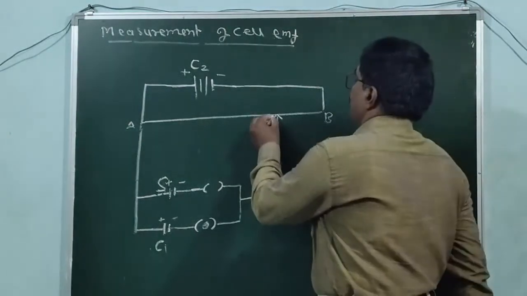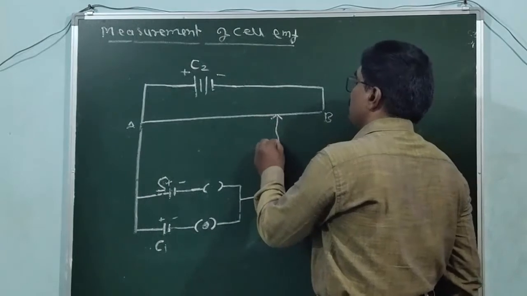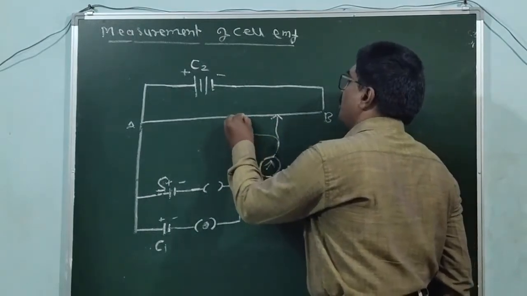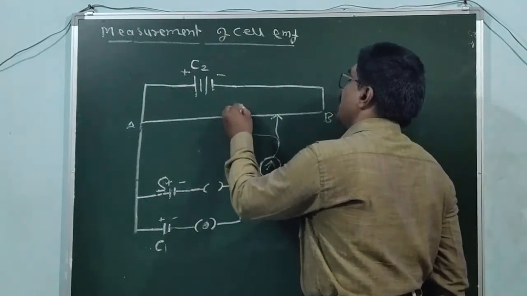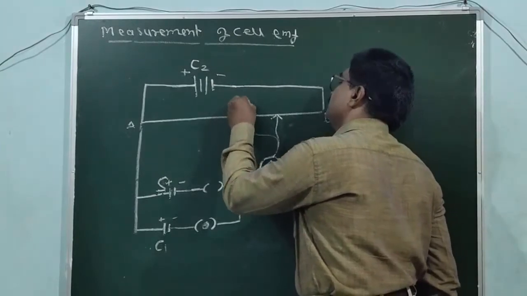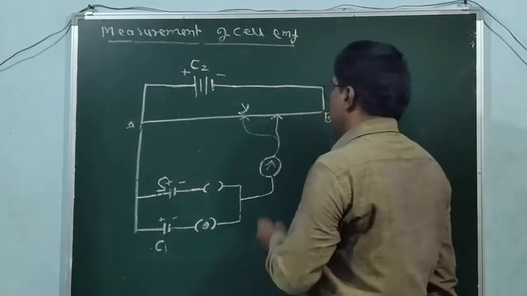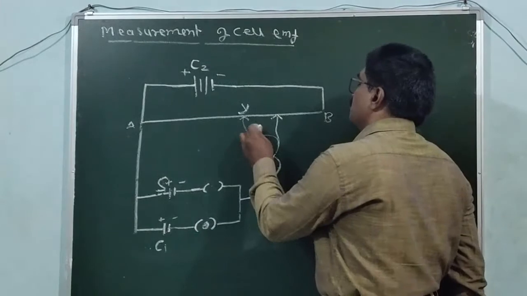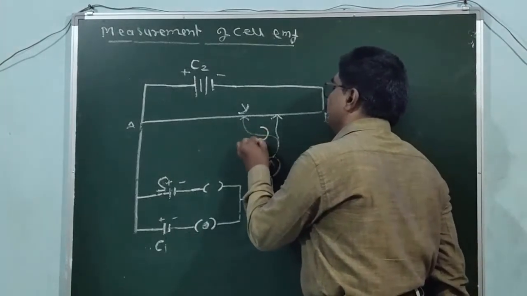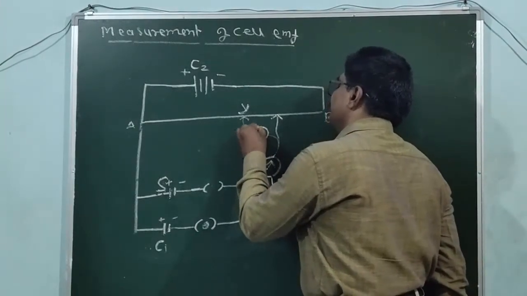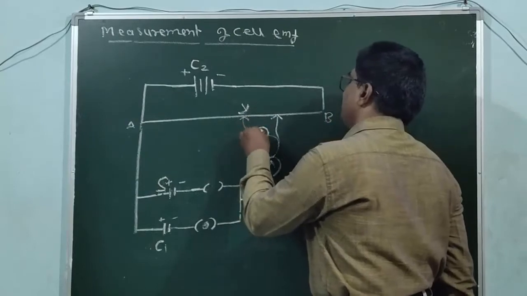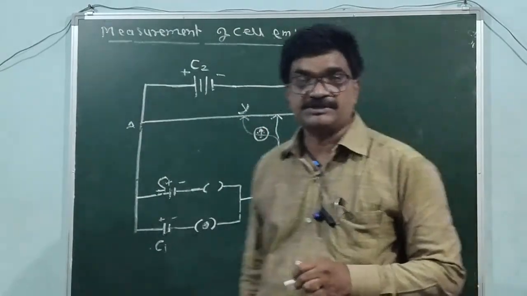But when we slide this jockey to a point, say Y, where the galvanometer shows no deflection. There is no deflection. What does it mean?